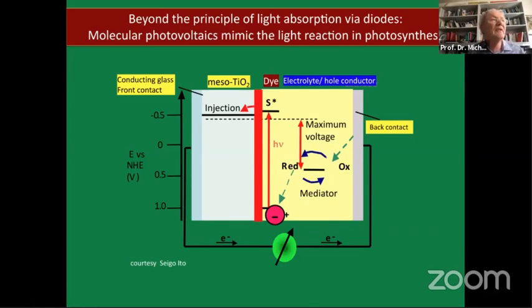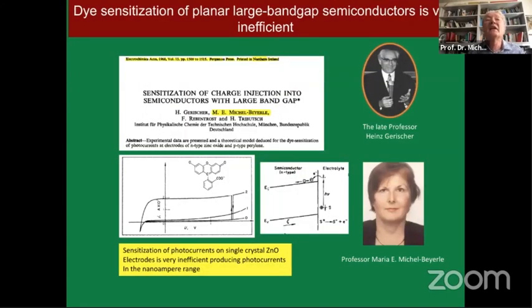Today, when I look at our Nature paper in 1998 for the solid state dye-sensitized cell and compare this to the best perovskite cells, they still use the same kind of scenario, same architecture, almost the same materials.